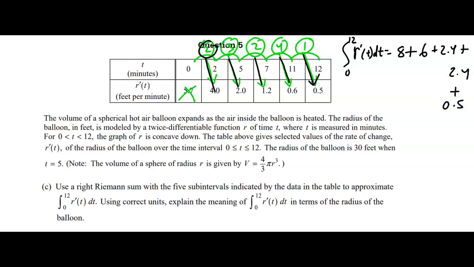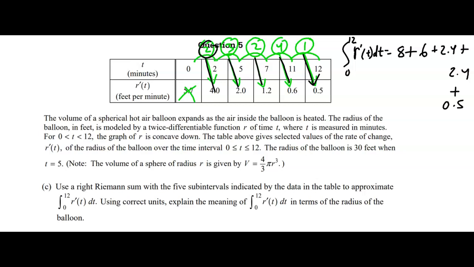And this is an FRQ, so we really don't need to add all that together. We can really just leave it like that. If you wanted to take the time to add it together, you could, but it's not necessary. I'll go ahead and stop there because I don't want to go get my calculator, but you could add them up if you want to.